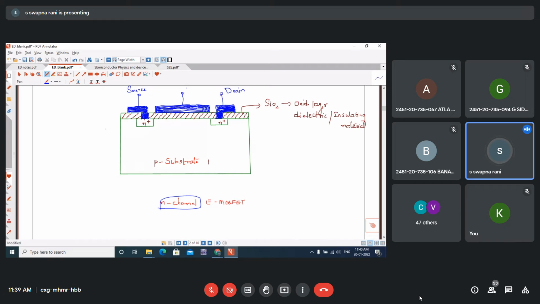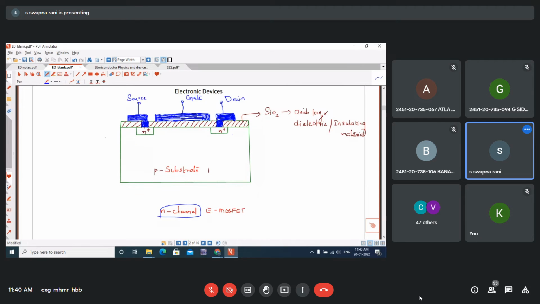This is called the gate. This is the construction of the enhancement MOSFET.